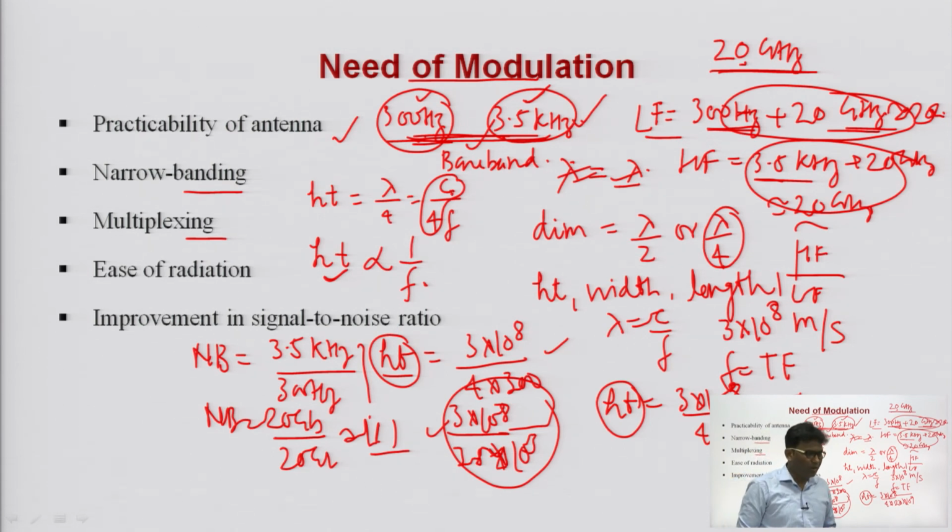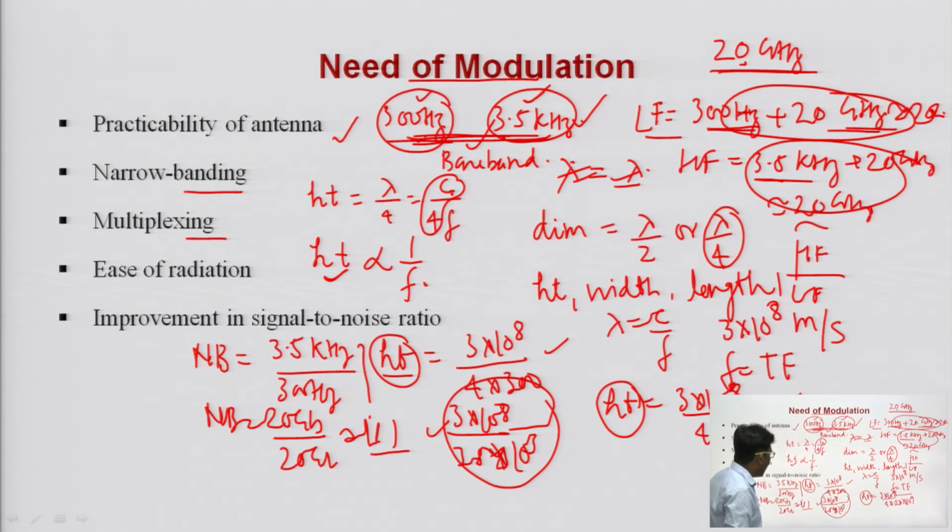There will be noise and chaos inside the class, because everyone's speech has the same frequency range between 300 hertz and 3.5 kilohertz. All the students will convey their information in the same frequency range, there will be a mixing of every voice, and I will not be able to understand what the students are saying. So, this is without modulation.